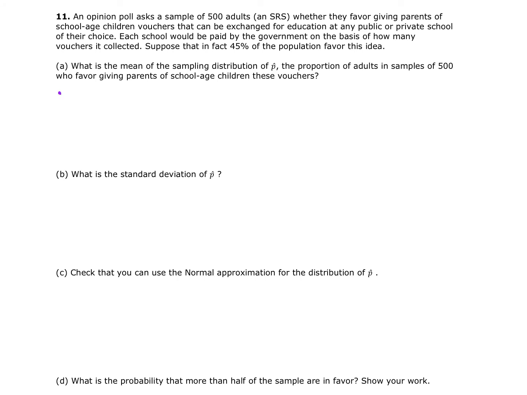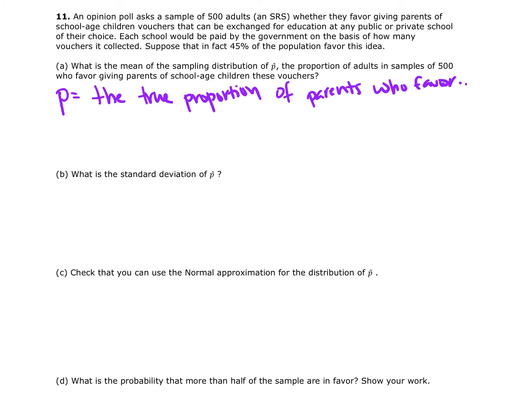Remember, we need to define what p is. Well, p itself is the true proportion of parents who favor the vouchers. Right? And that means we know that p is equal to 0.45. And from p we can find q, which would be equal to 0.55.